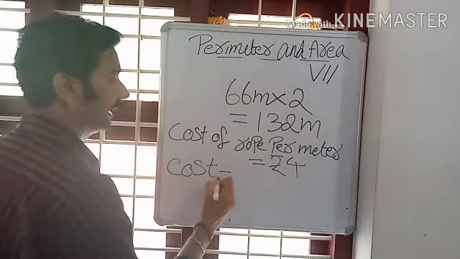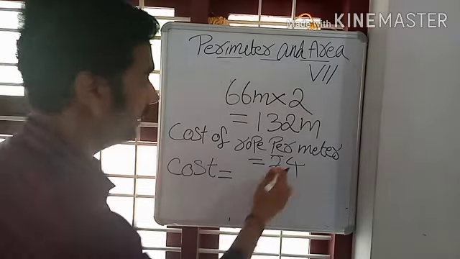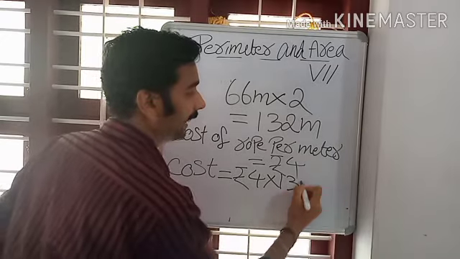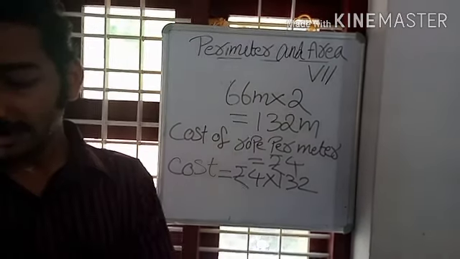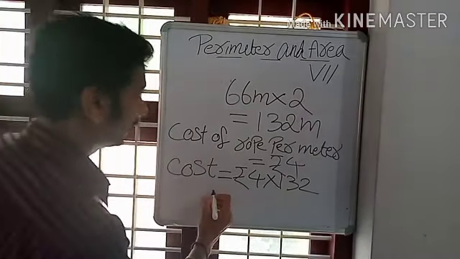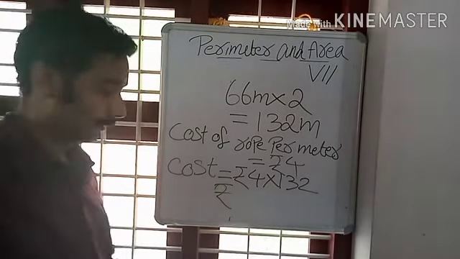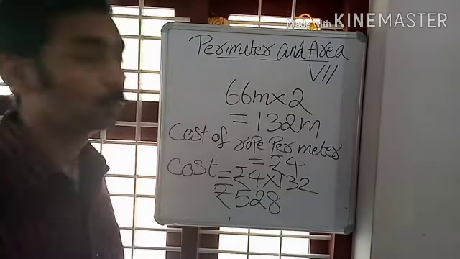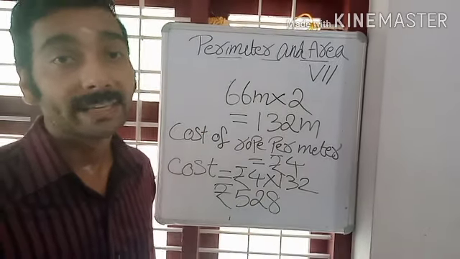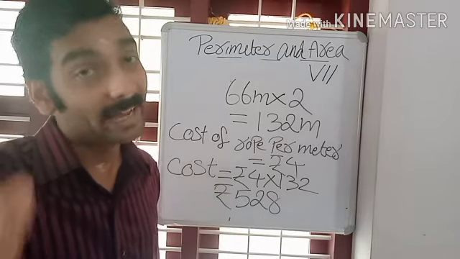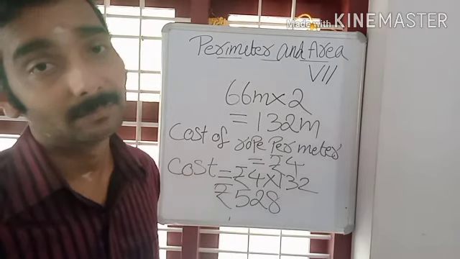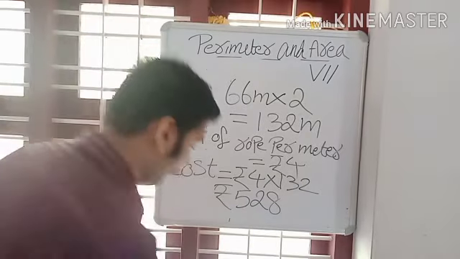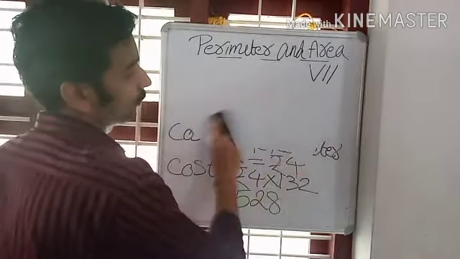Cost equals rupees 4 into 132, that means rupees 528. Write the calculations in your notes. Clear? Okay. Then move to the next question.